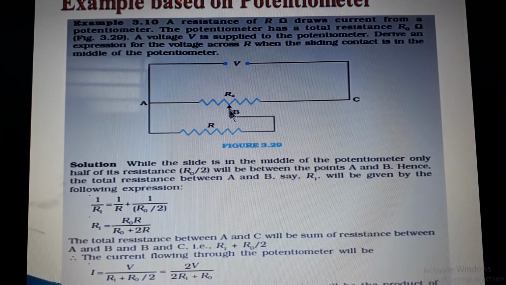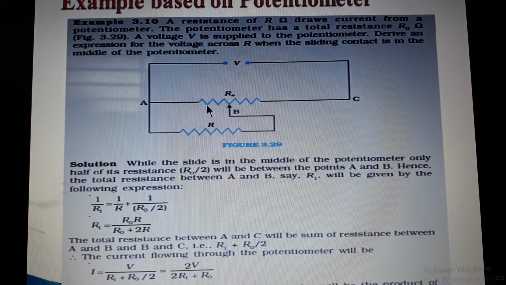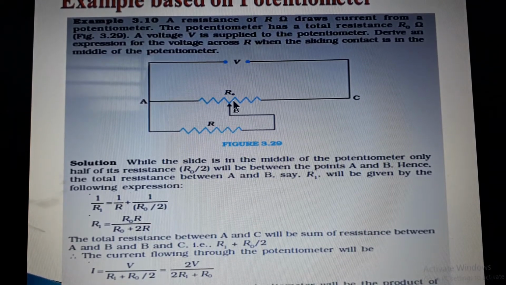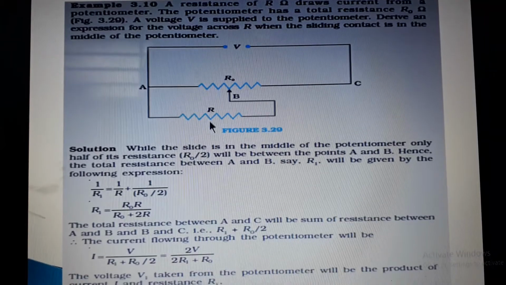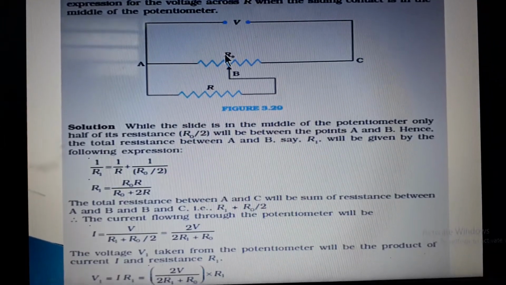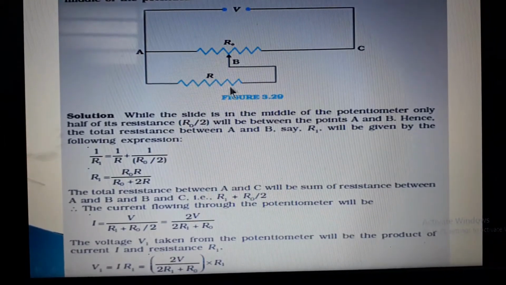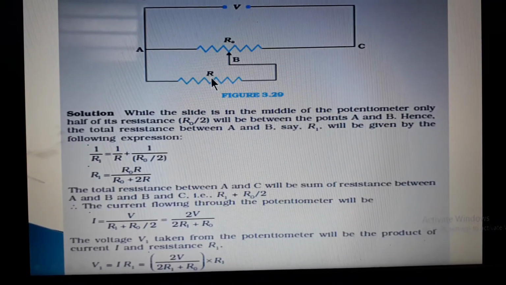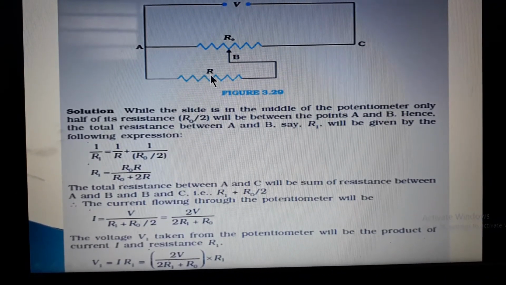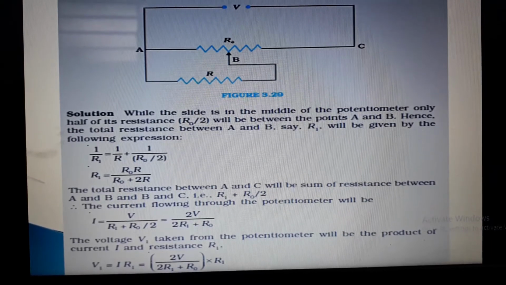When this is the middle, that means here the resistance is R0 by 2 and this one is R0 by 2. So this R0 by 2 is connected in parallel with R. When two resistors are in parallel connection, you know that 1 by R is equal to 1 by R1 plus 1 by R2.